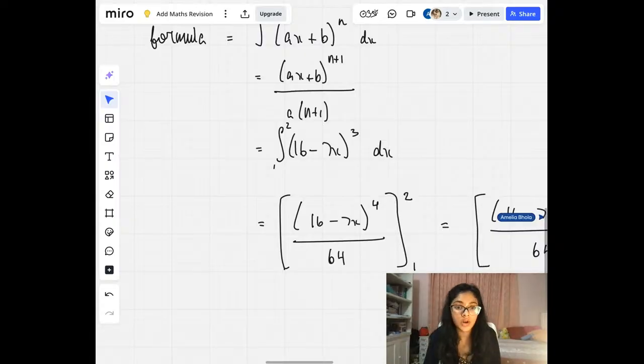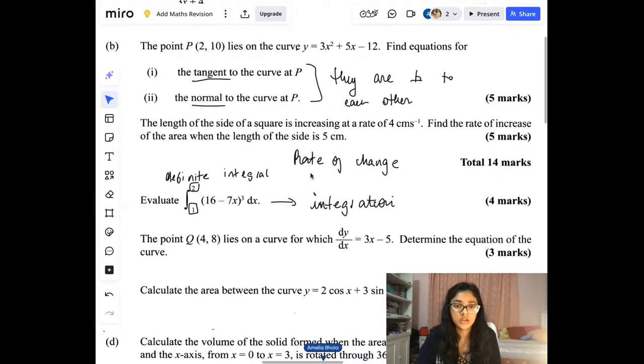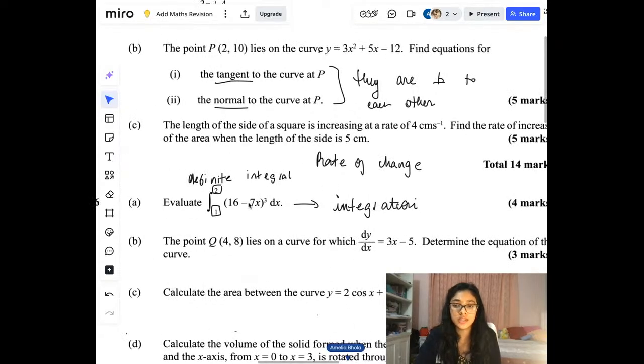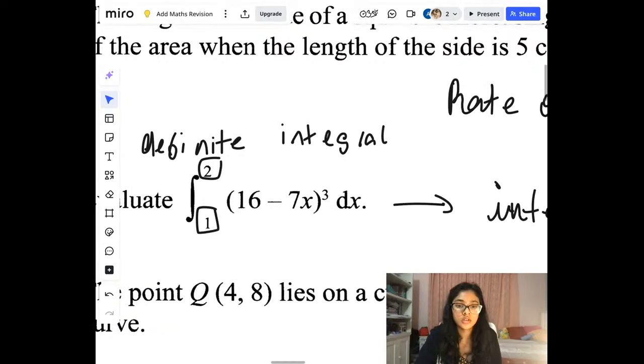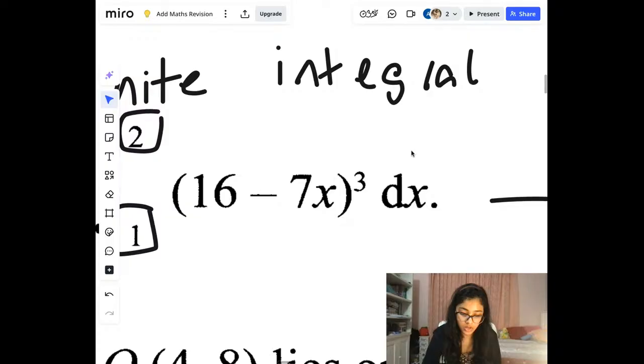No, n is the power. So it'll be 3 plus 1 is 4. Because 2 is the upper limit. This is the question. Oh, no, it's raised to a power.